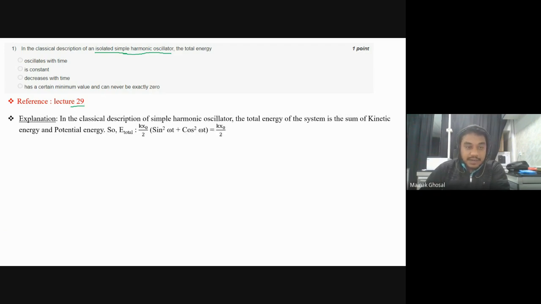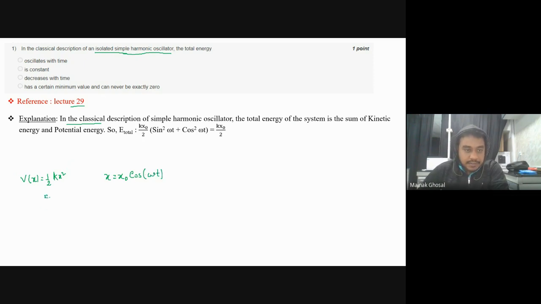So this is the explanation I have written here: in the classical description of a simple harmonic oscillator, the total energy of the system is the sum of kinetic energy and potential energy. So what is the potential energy? Classically, V of x I can write as half k x squared. Now you know what x is. x is nothing but x0 cos omega t, right?